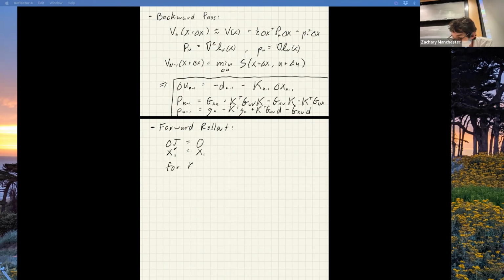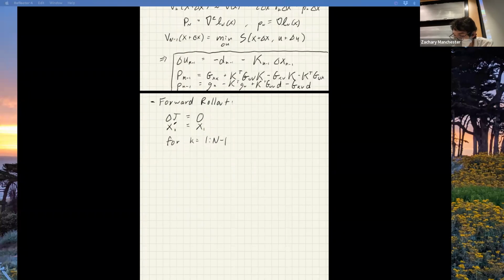So for K equals, this is time step K, which is maybe, hopefully not ambiguous, 1 to n minus 1. We're going to do the new U, so U prime at time K is the old U minus our alpha, which is our line search parameter, times the feed forward correction, the D, minus the feedback term. So this is our K, time step K, times the new X minus the old X, so the delta X, right?